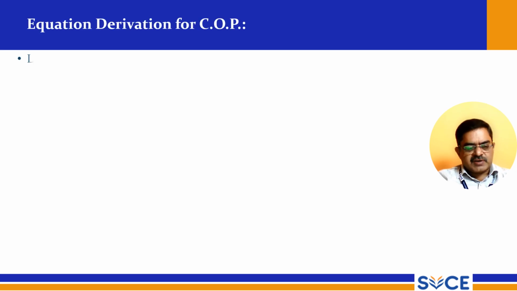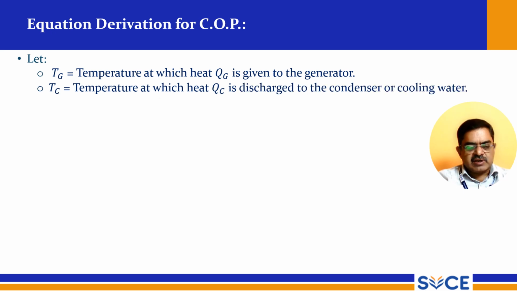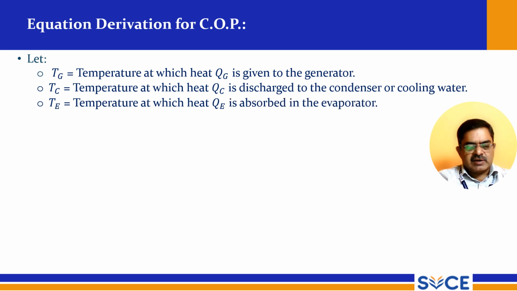So, the small derivation here. Tg is the temperature at which heat Qg is given to the generator. Tc is the temperature at which heat Qc is discharged to the condenser or cooling water, and Te is the temperature at which heat Qe is absorbed in the evaporator.